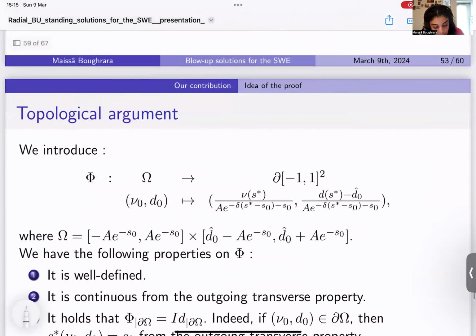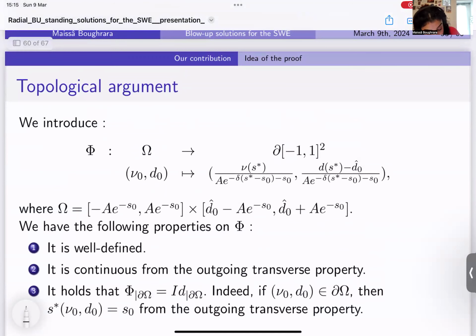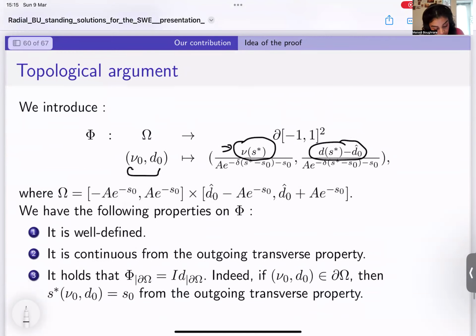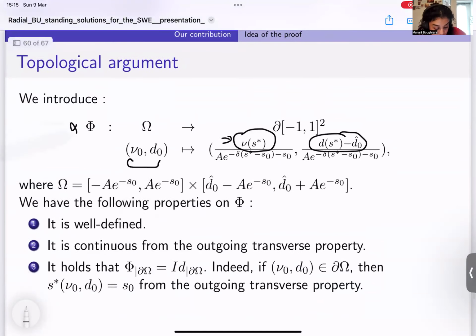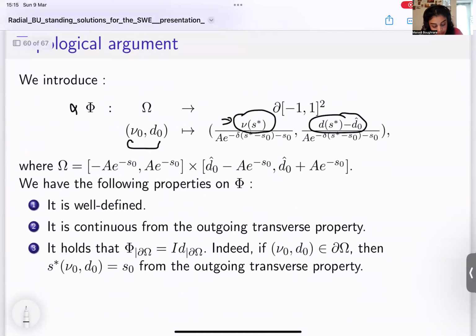In particular, if we define this application that takes the initial values to the values at the exit time, normalized, it's also continuous. You can check this function is well defined, there is no problem, and from the outgoing transverse property, it's continuous.